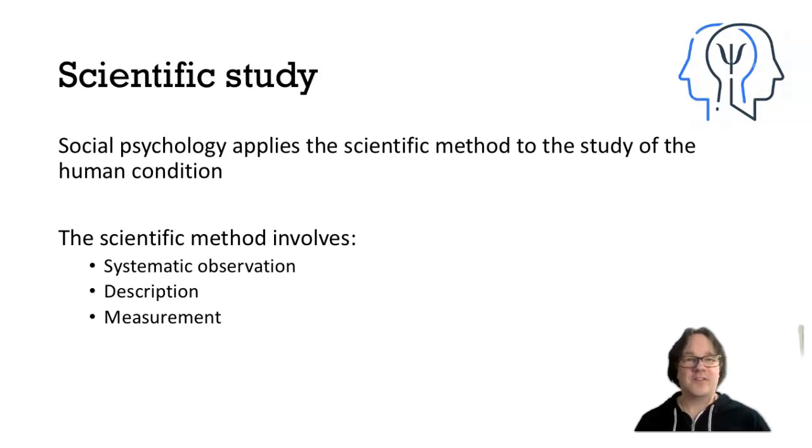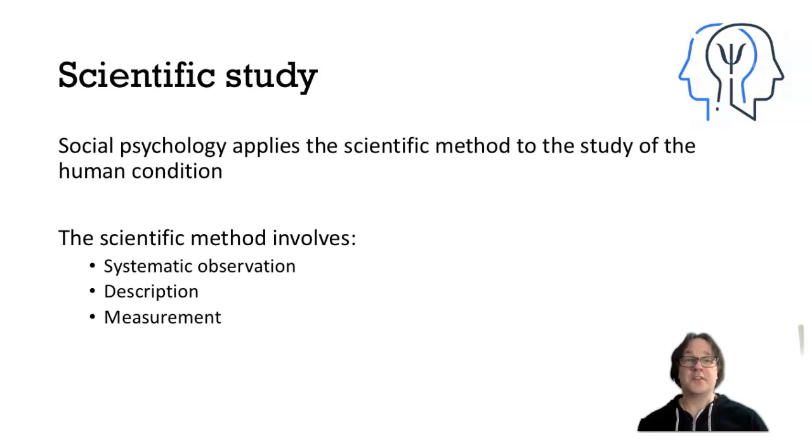I've spent many hours doing some people watching, but people watching per se is not very systematic, right? We're observing, but not in a systematic way. I might observe one person in a certain way and observe another person in a completely different way, in a completely different environment, right? So the scientific method involves systematic observation.